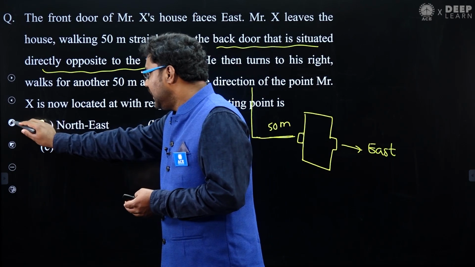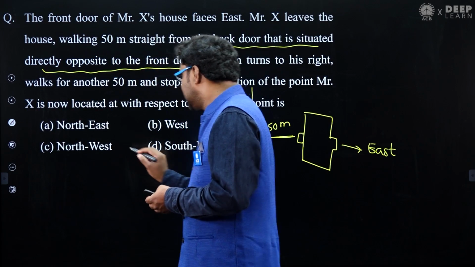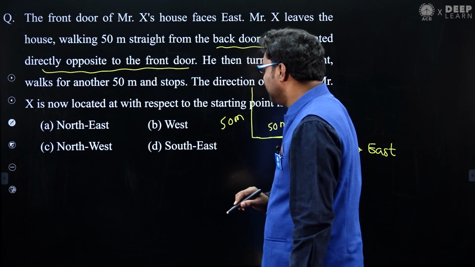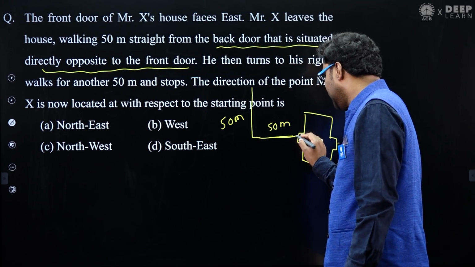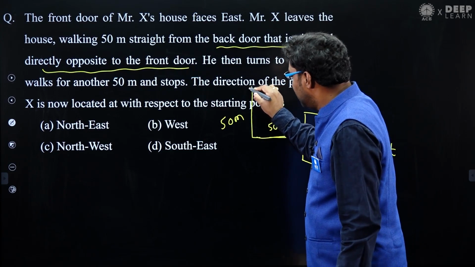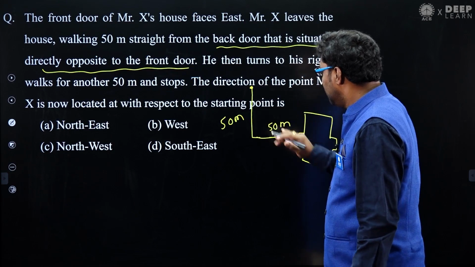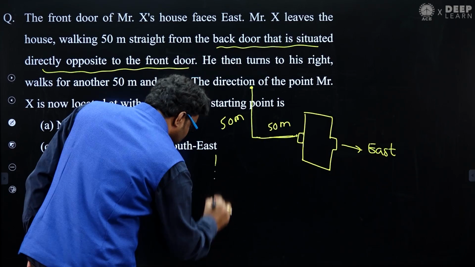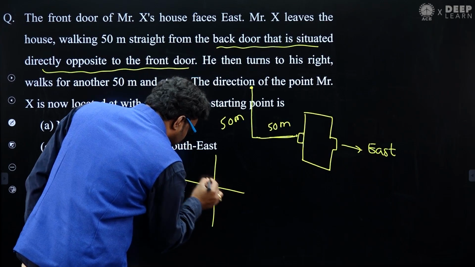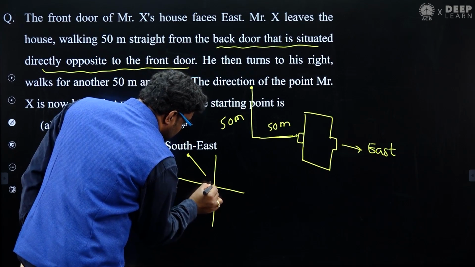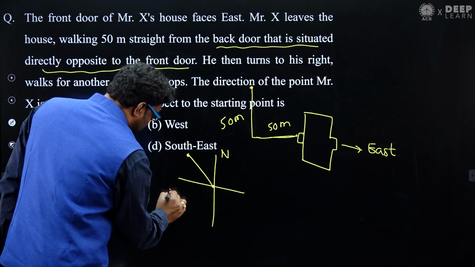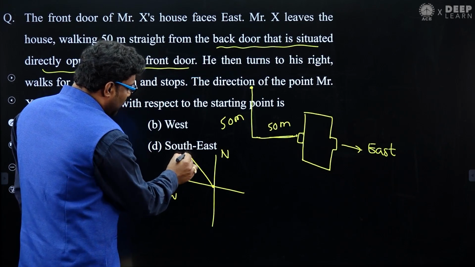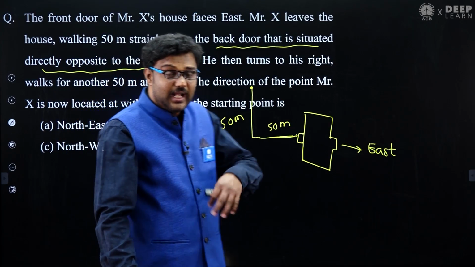Now they are asking in which location Mr. X is now with respect to the starting point. The starting point is this, and now he is here. This is north, west. So we take the starting point at the center, as in directions questions. The final point is north as well as west, so right now that person's location is northwest.